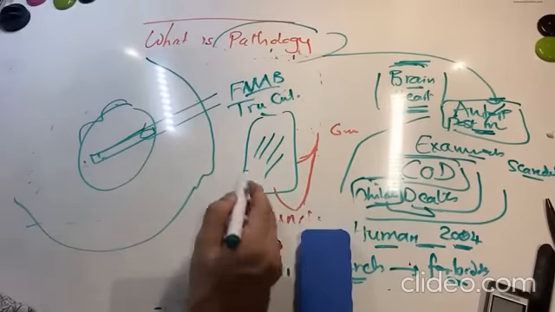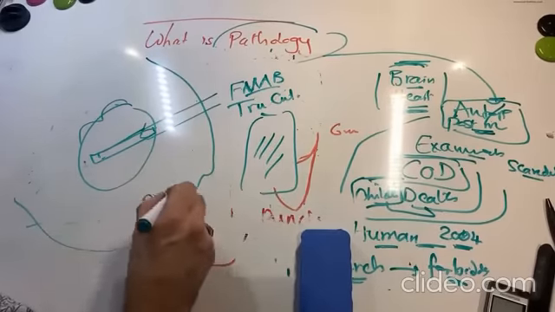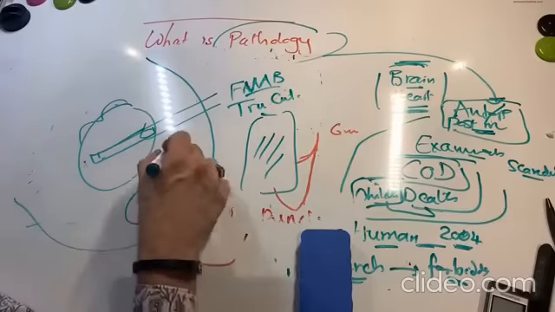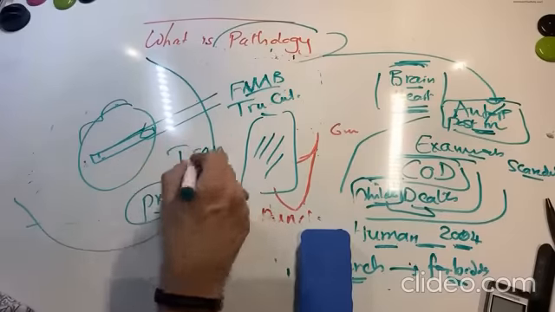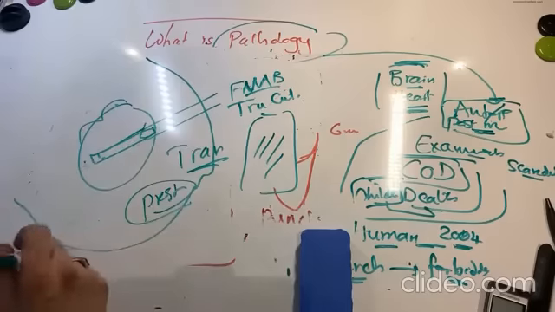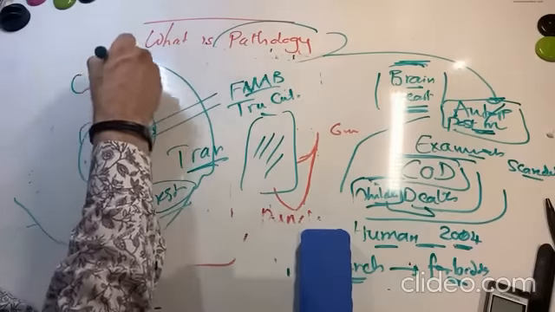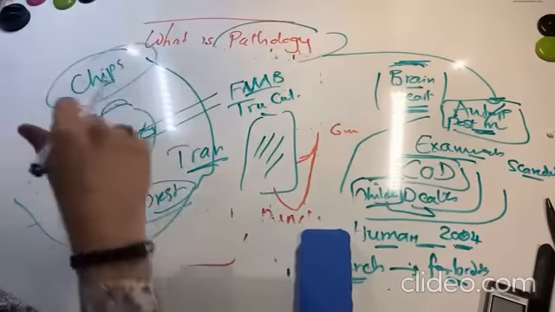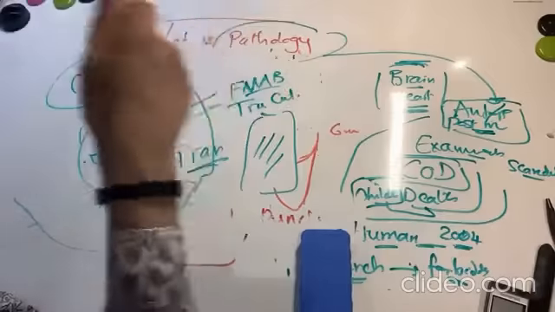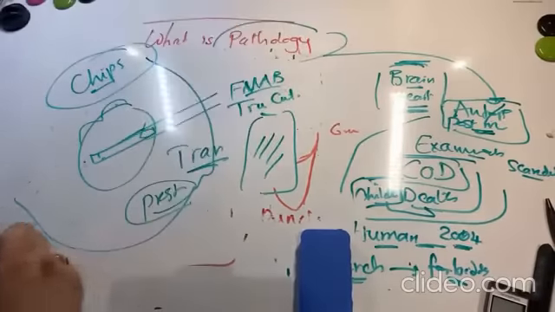This can be done also in the prostate, either transperineal, through the perineum, or from the inside, through the urethra. You can do chips as well of the prostate. They go with a special tool and cut through the prostate and take all of this tissue out.